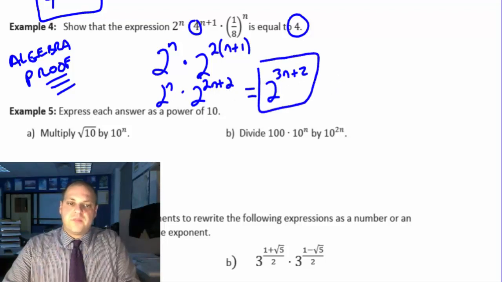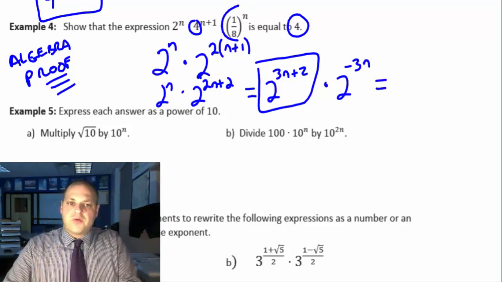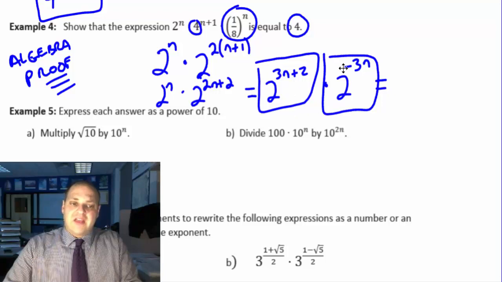So I have this. Now, I need to multiply by 1/8 to the n. 1/8 is 2 to the negative 3. So I'm going to write 1/8 as 2 to the negative 3, and I still have that n there. Now look what happens. Since I'm multiplying, I'm going to add the exponents.